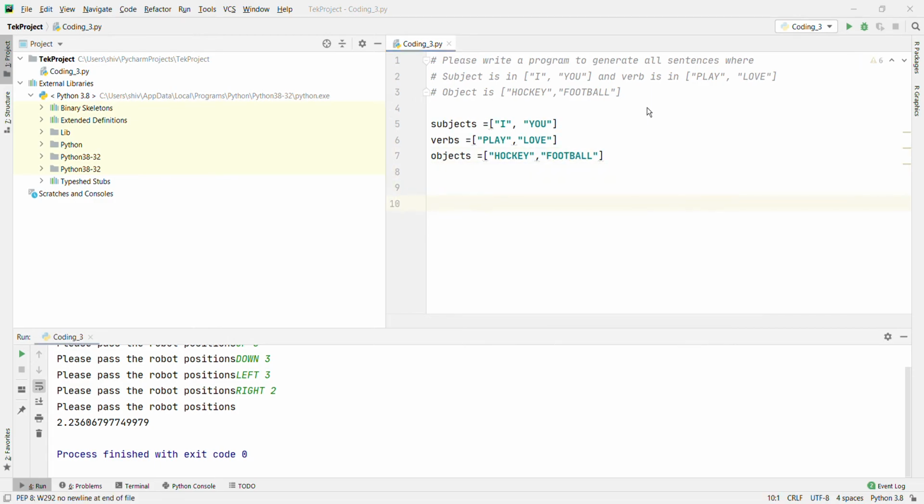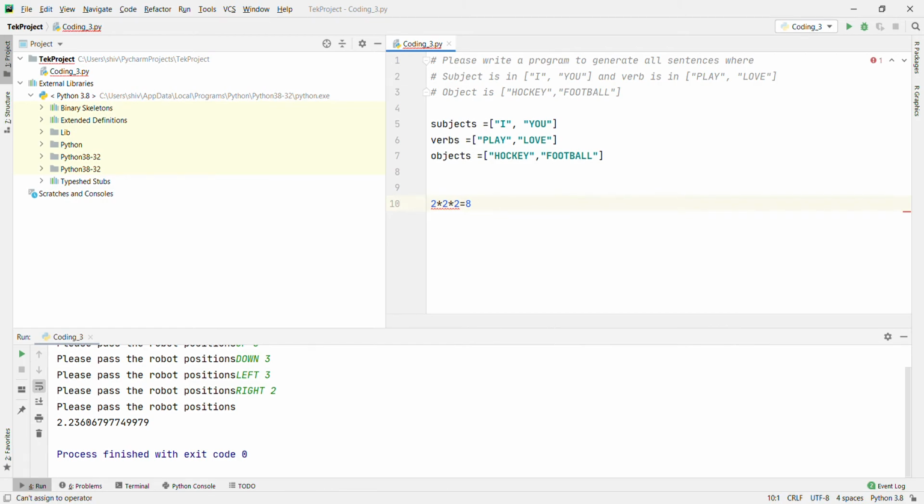Now we are going to generate all the permutations and combinations of the sentences that combine subject plus verb and object. The number of sentences that will come from combining subject with verb and object is 2 multiplied by 2 multiplied by 2, that is equal to 8.